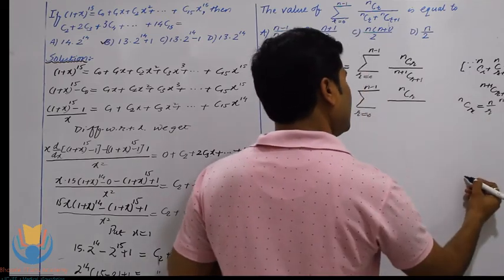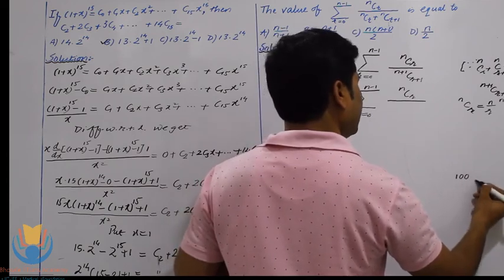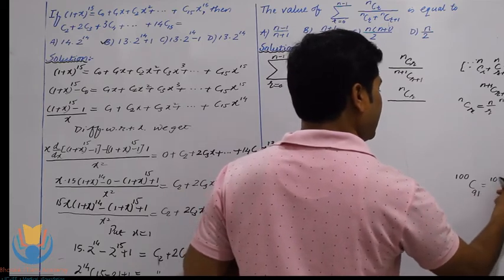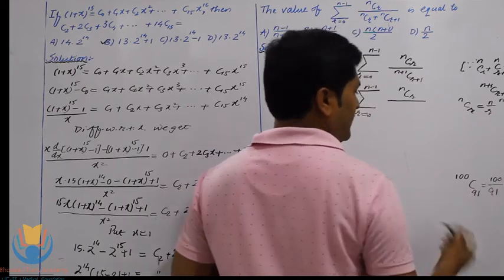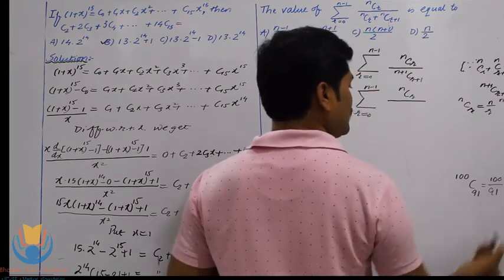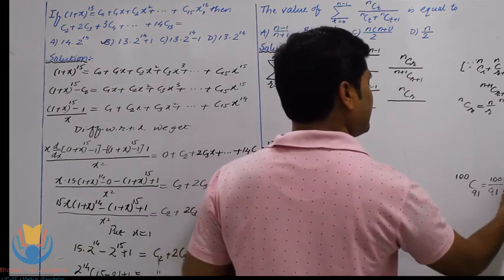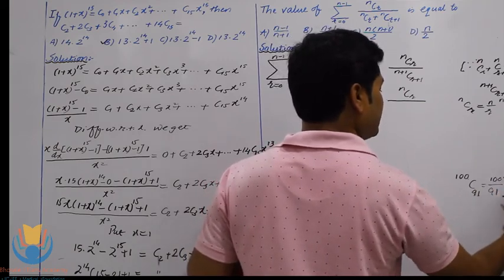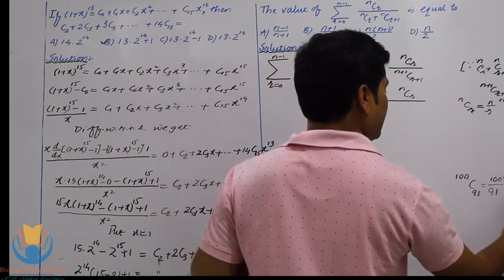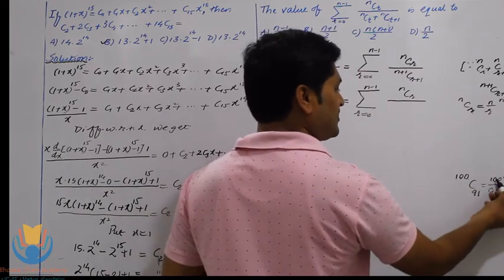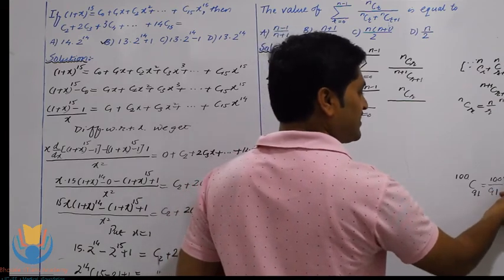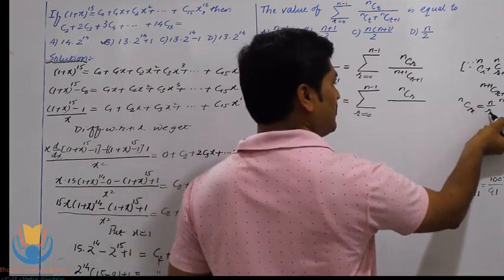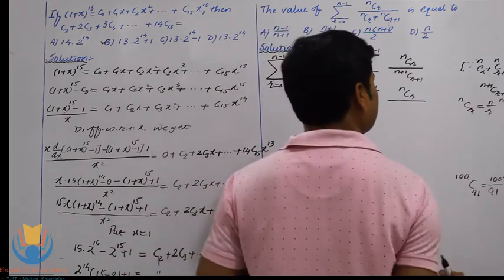For example, we can write this 100C91 as 100 by 91, and that is into this 100 is to be decreased by 1, so this is 99C, and this 91 is again to be decreased by 1, so this is 90. That means this 100C91 is always 100 by 91 times of 99C90. So similarly here also this nCr is n upon r times n minus 1 C r minus 1.